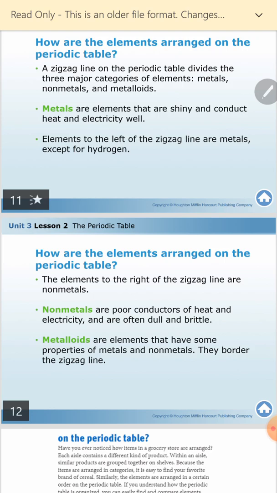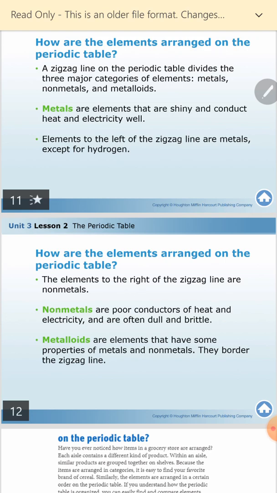Also, they are opposite to the metals in this physical property also. They don't have malleability, so they are brittle. They are not malleable, they are brittle. What does that mean? It means if you want to hit any element of them with a hammer, it will not be shaped as you want, like the metals.